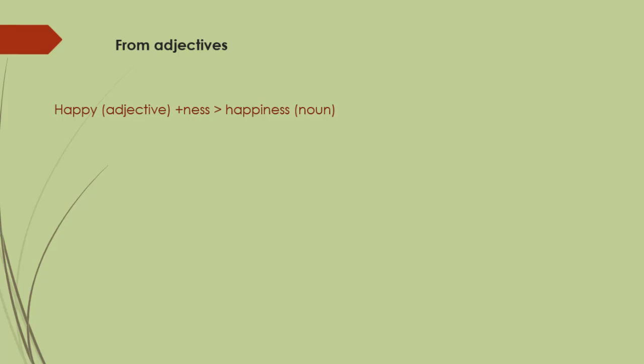Here you can see there is a word happy, which is an adjective. When we add a suffix ness next to it, it becomes happiness, and happiness is a noun. Corrupt, which is an adjective, and when we add suffix ion to it, it becomes corruption.